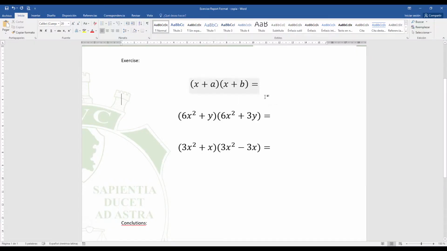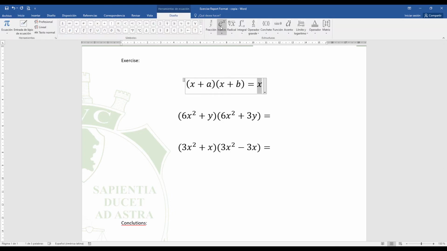Now we will see where the formula comes from. Remember, this is a simple multiplication, so you need to multiply x times x, which is x squared, plus x times b, xb, plus a times x, xa, plus a times b, ab.